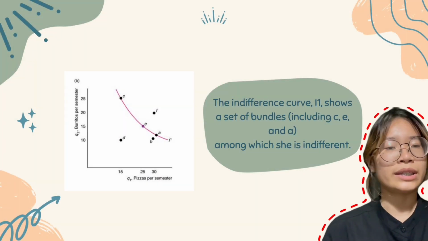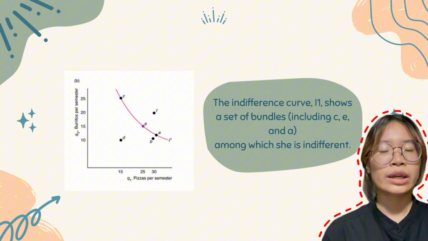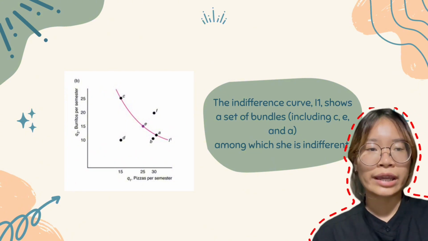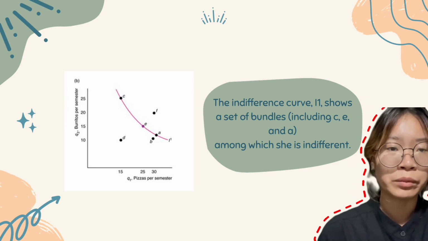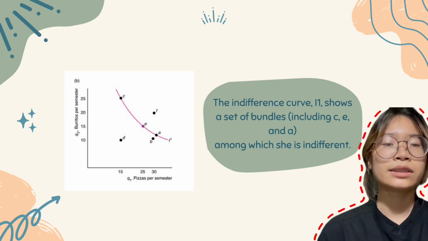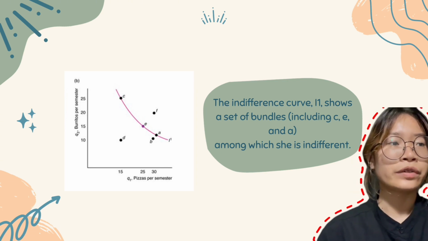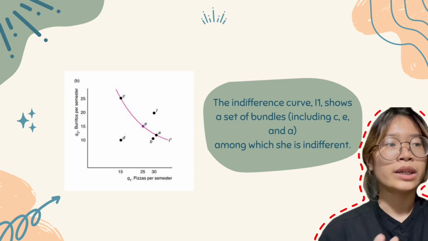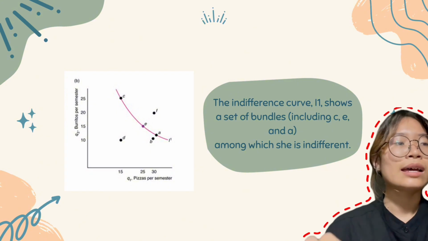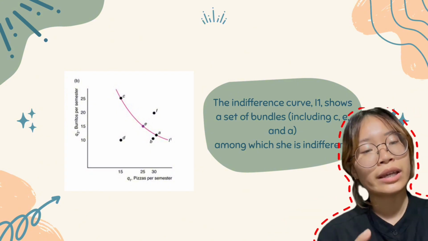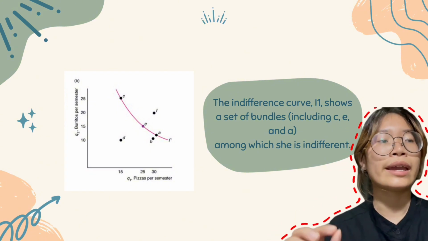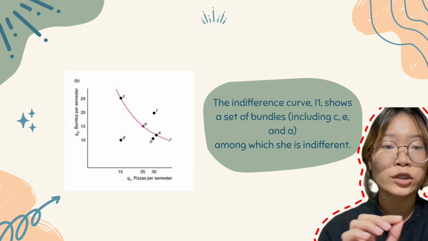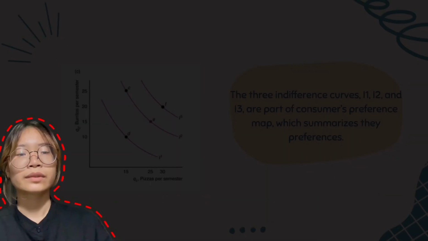Let me use this picture to explain this. In picture A, the consumer prefers more to less, so the consumer prefers bundle E to any bundle in area B, including D. Similarly, they prefer any bundle in area A, such as F, to E and B.